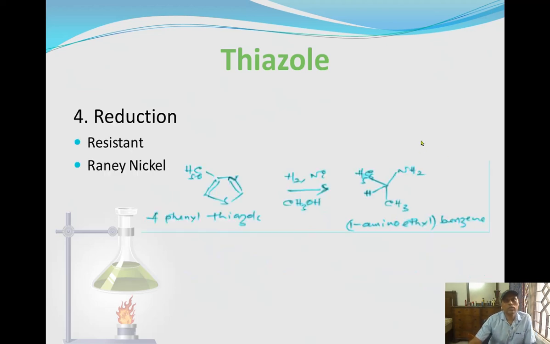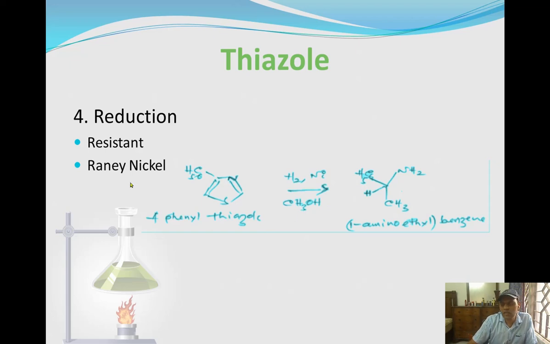So next is reduction. Even the reduction reaction is resistant. That means thiazole is resistant towards reducing agents, but here Raney nickel is used, by passing hydrogen gas over it in the presence of methanol.